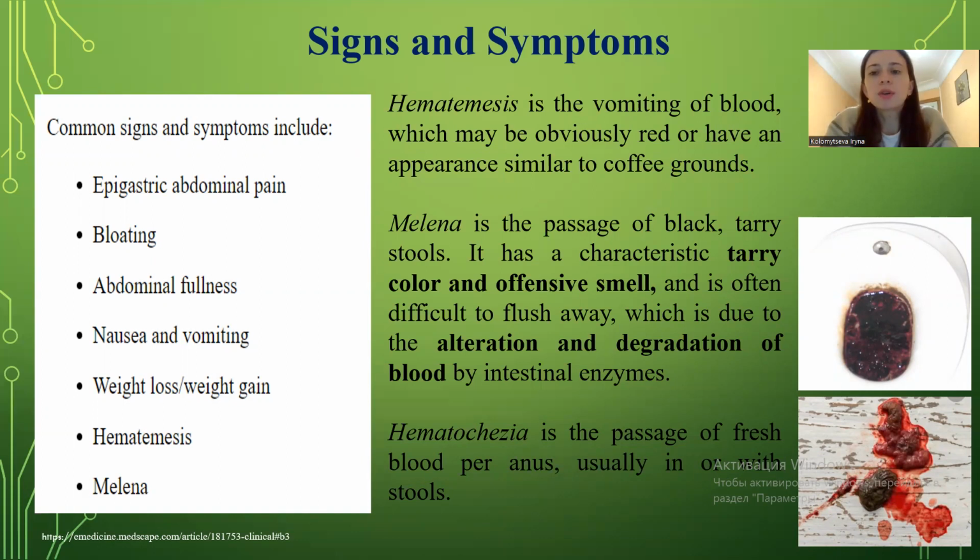It has a characteristic tarry color and offensive smell, and it is often difficult to flush away, which is due to the alteration and degradation of blood by intestinal enzymes. Hematochezia is a passage of fresh blood per anus, usually with stools.